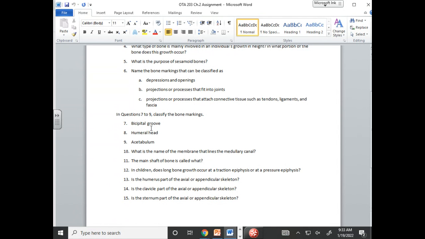Endosteum, yes, very good. All right, what's the main shaft of the bone called? Diaphysis, very good.